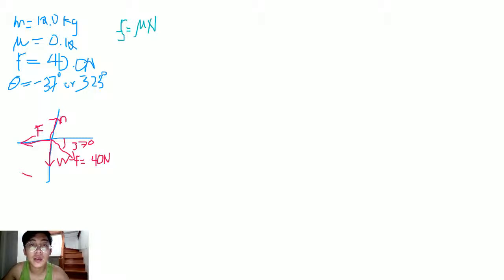So, solve tayo ngayon ng summation na F of x along x tong forces na to. So, ang force natin along x is etong force na 40N. Kaso, meron tayong angle. So, dapat meron tayong cosine of 323, dahil alam natin 323. Next, meron tayong friction. So, meron tayong given na coefficient.